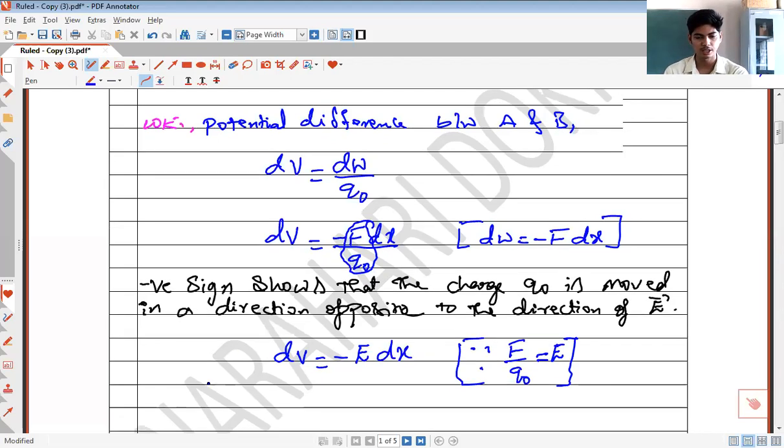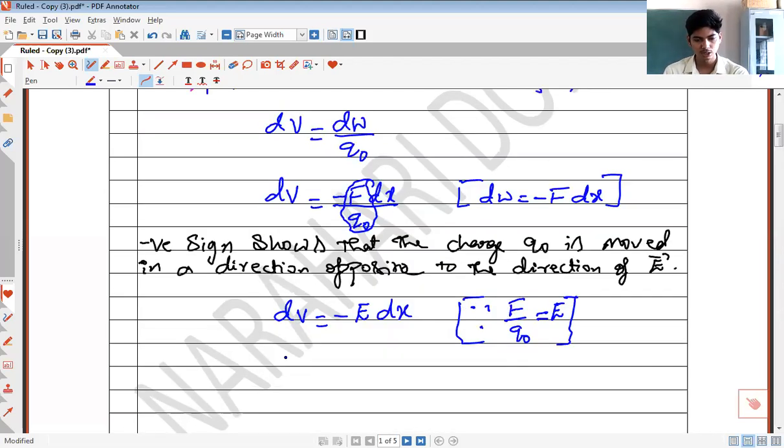I can write the expression for E as E is equal to minus dV divided by dx. This is the relationship between electric field and electric potential.